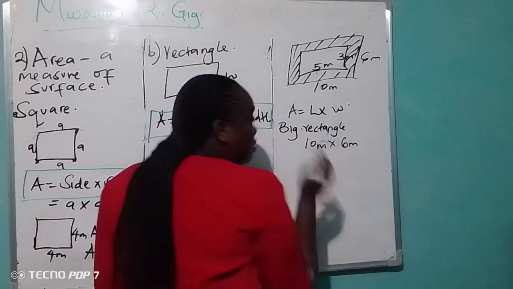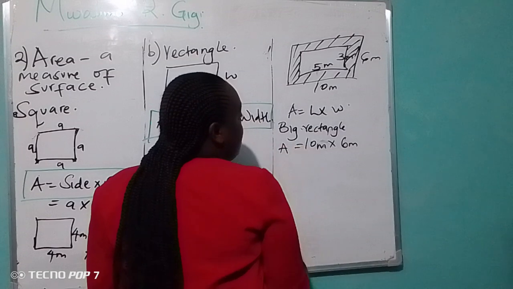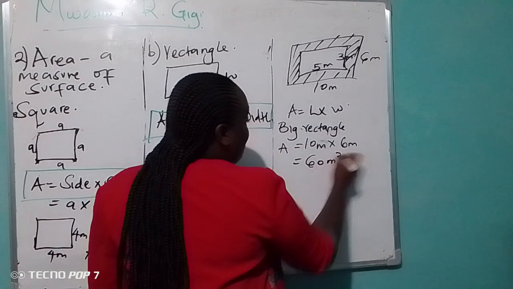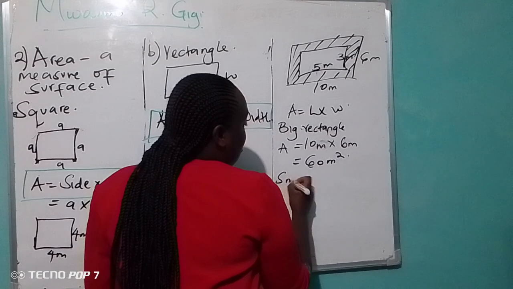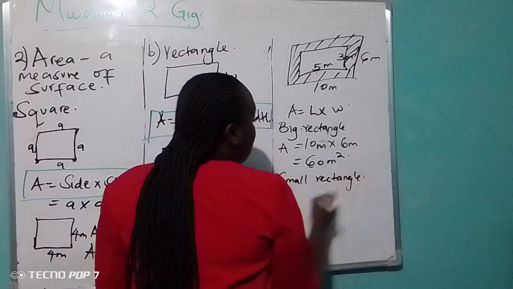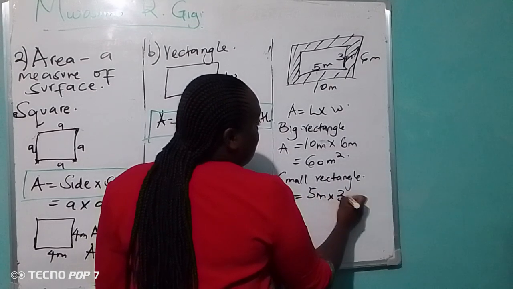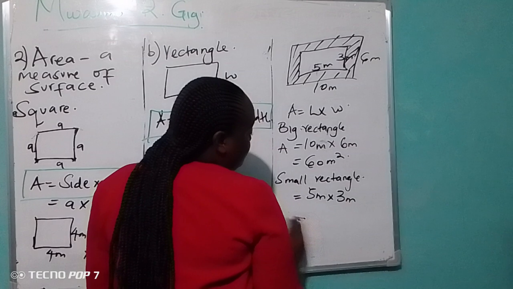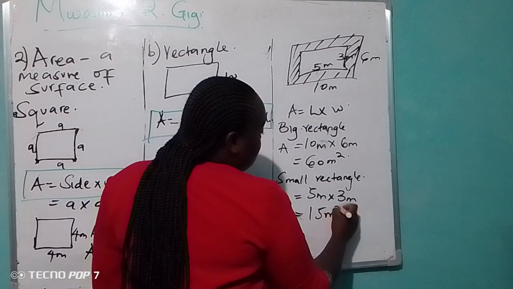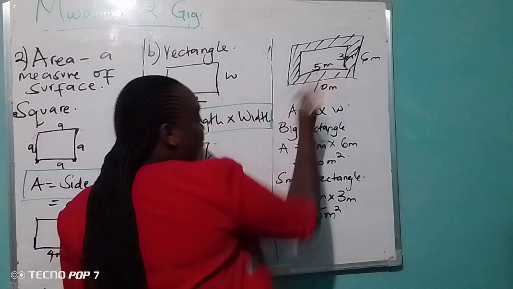Tusisahau units, that's why tulisoma maneno ya units, usisahau units. So area ya big rectangle is 10 times 6 is 60 meters squared. The small rectangle, hiyo ya ndani, area ni 5 meters times 3 meters is equals to ngapi? 15 meters squared.